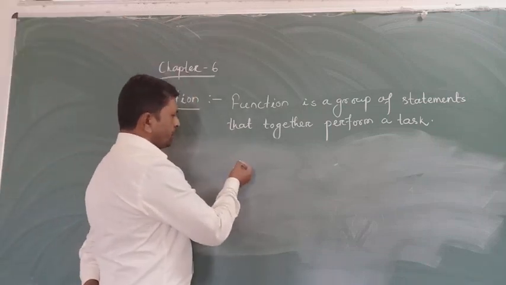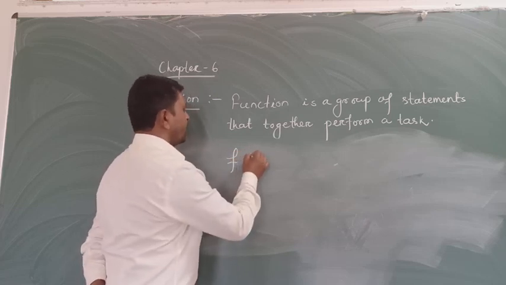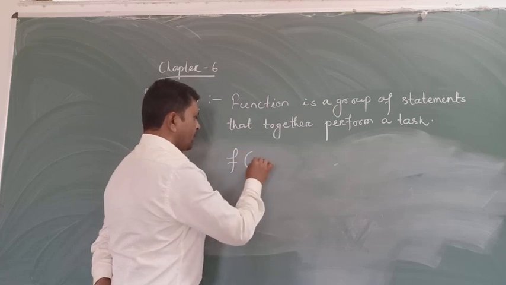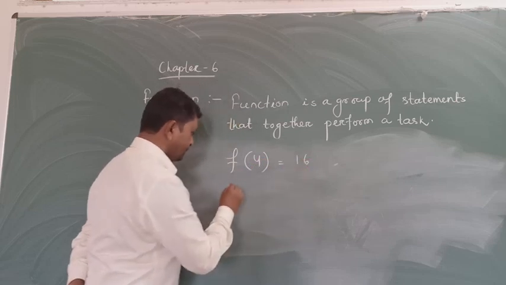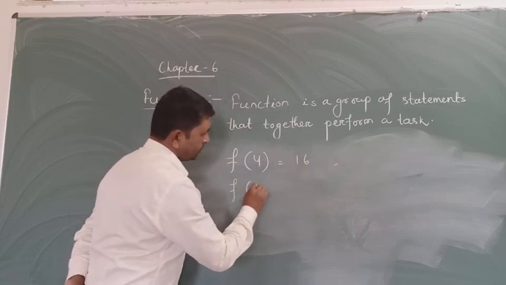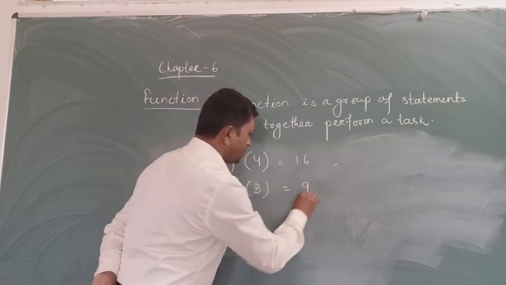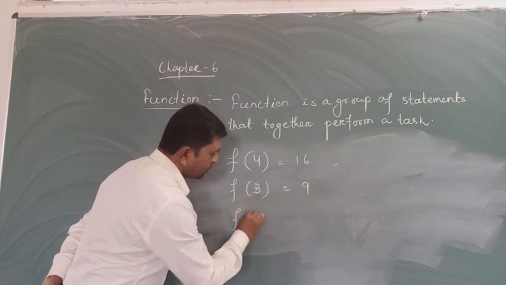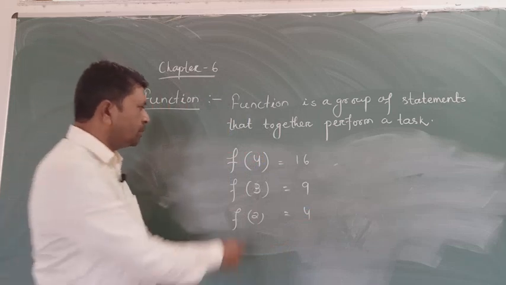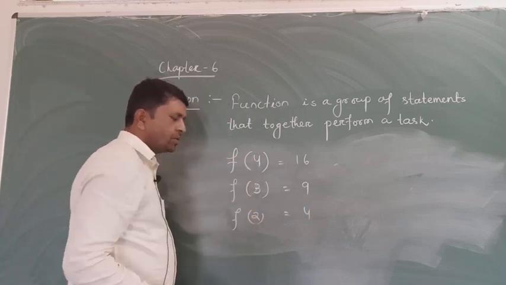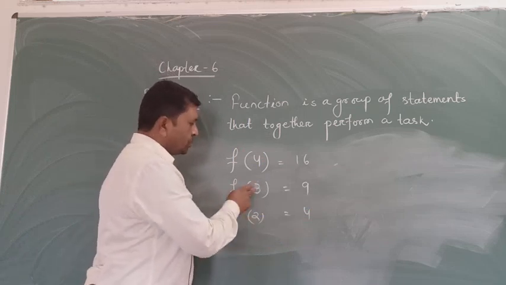Here I want to explain that f of 4 is equal to 16, f of 3 is equal to 9, f of 2 is equal to 4. I pass some arguments to the function: 2, 3 and 4.